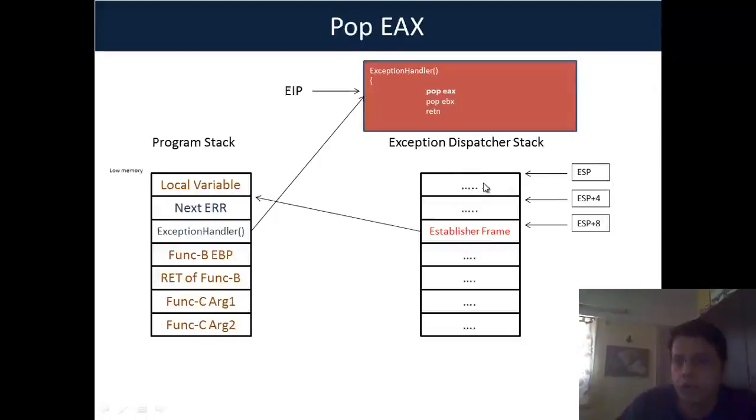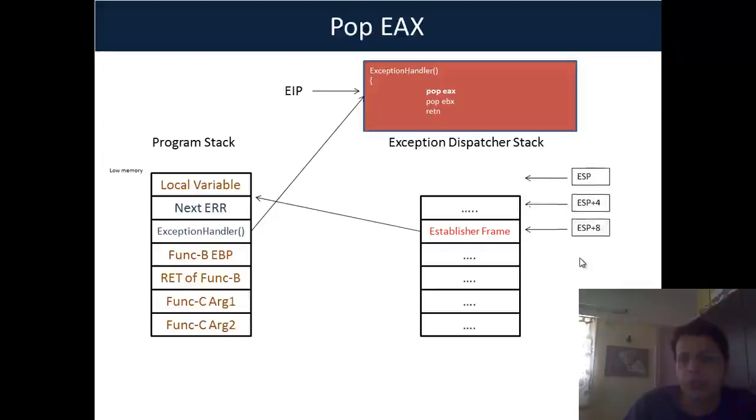These 4 bytes would be taken out and stored within EAX, and ESP would adjust itself. Actually, it would go from low memory towards high memory. Never forget that. The value goes off, ESP adjusts itself, right?